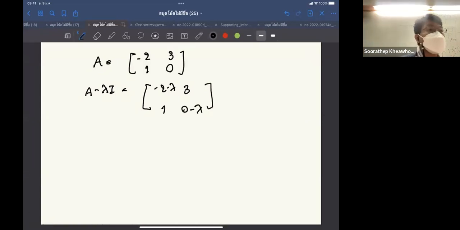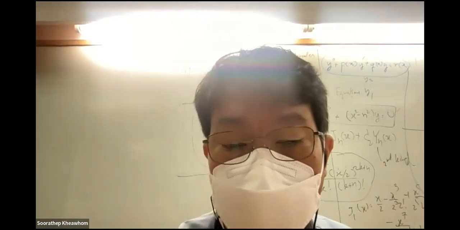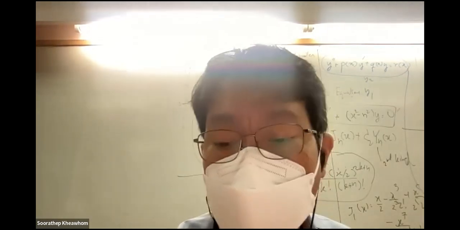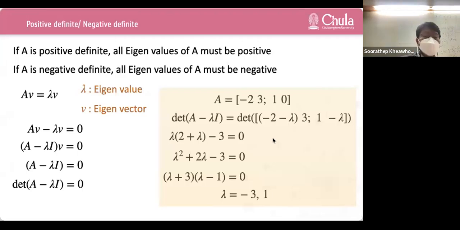Here I is the identity matrix. You have the diagonal as 1, the others are 0. Now back to our slide. The determinant of it is lambda times 2 plus lambda, and then minus 3 equals 0.